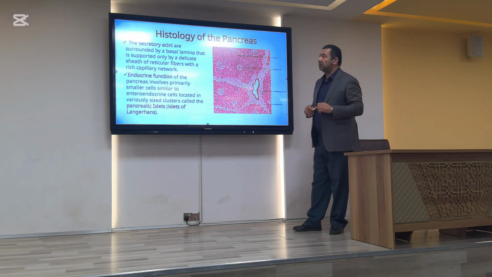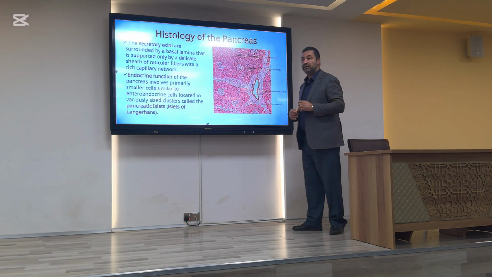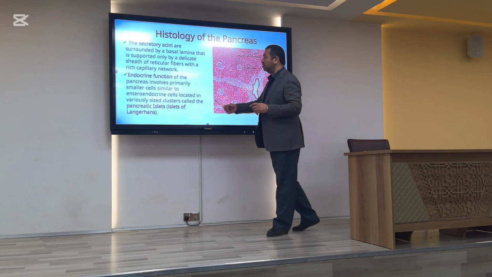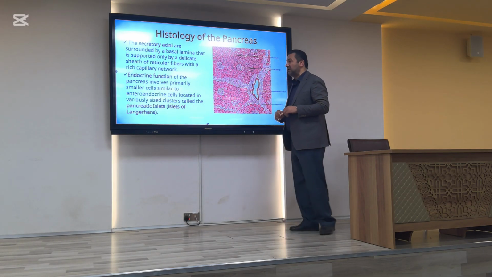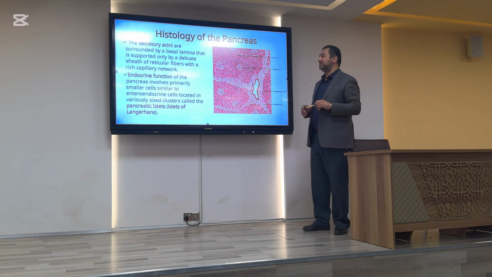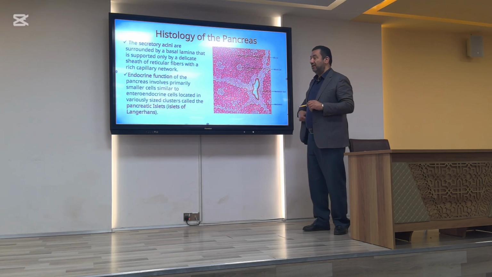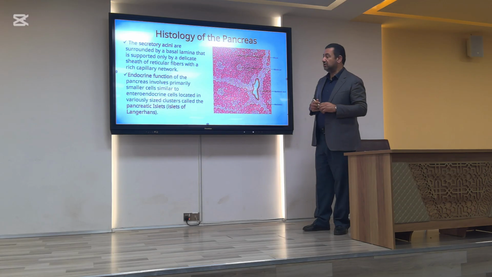Secretory acini are surrounded by a basal lamina supported only by a delicate sheet of reticular fibers with a rich capillary network. Endocrine function of the pancreas involves primarily smaller cells, similar to enteroendocrine cells, located in variously sized clusters called the pancreatic islets or islets of Langerhans.